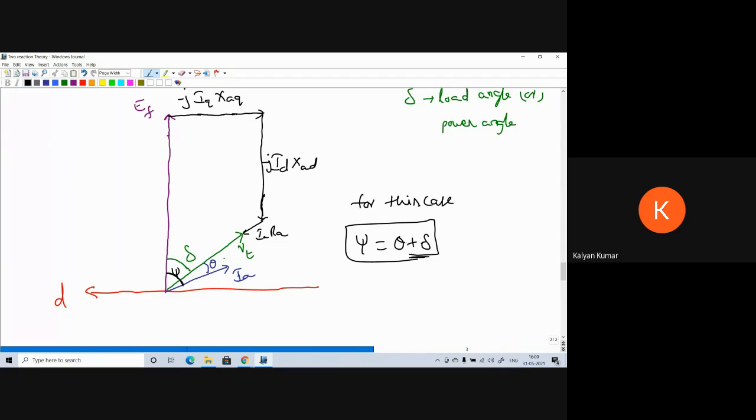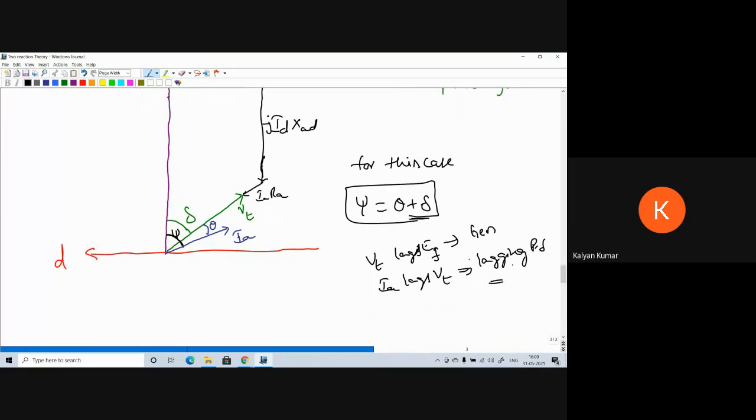Here we have considered Vt lagging EF, so it is a generator, and IA lags Vt, so lagging power factor. So for a generator at lagging power factor, psi equal to theta plus delta, remember.